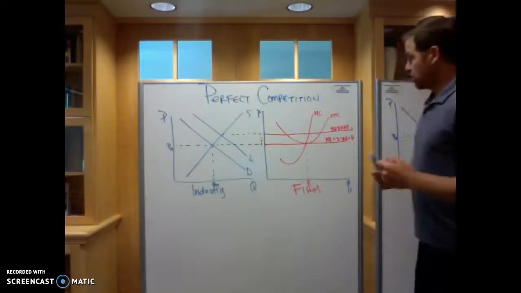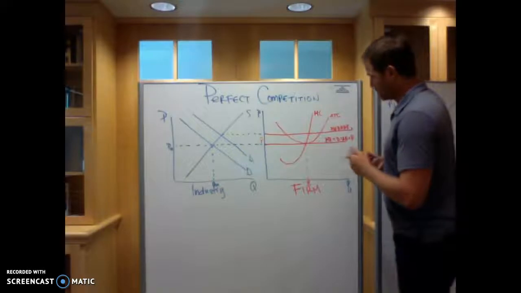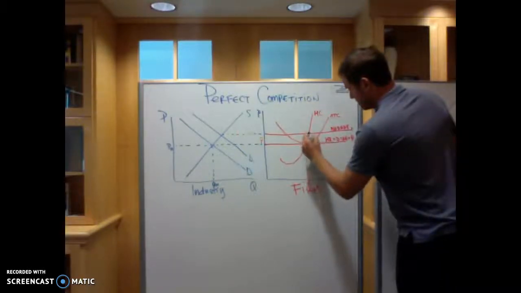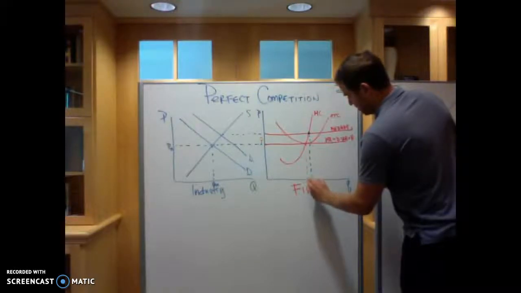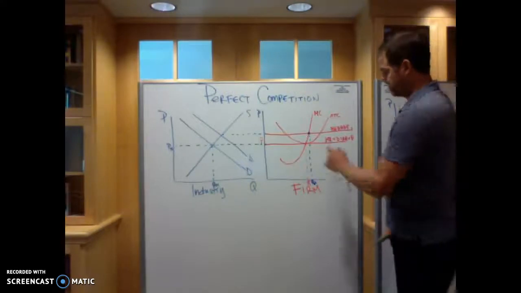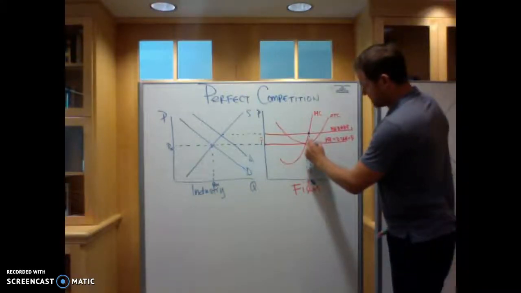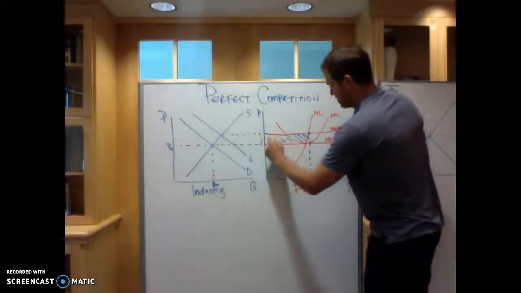Now, the firms still make the same decision. They produce where MR equals MC. Okay, so now each firm is going to be producing a little bit more. These are their costs, and so this whole box becomes profit.